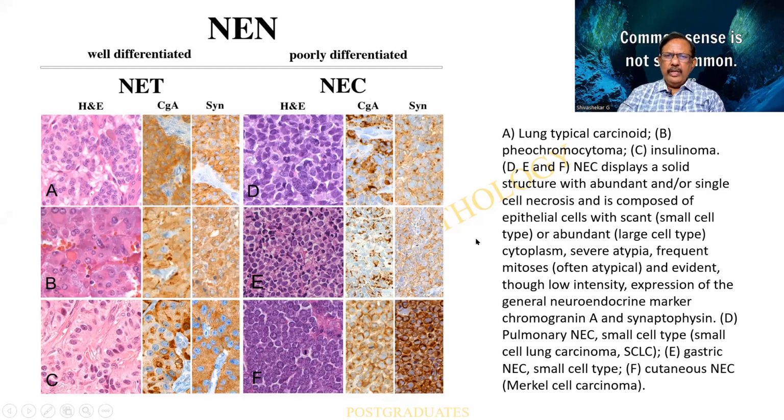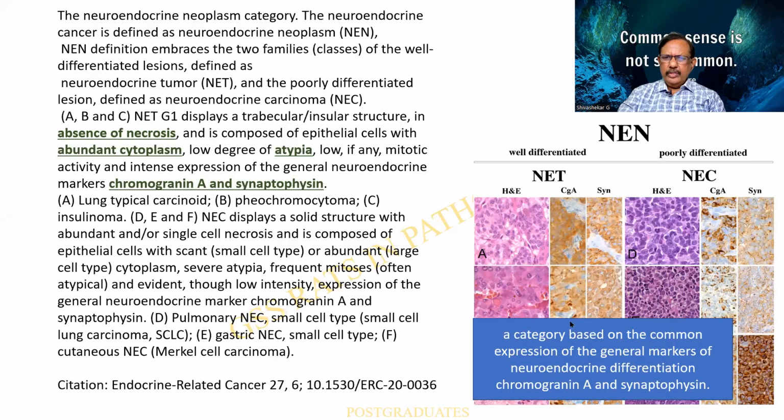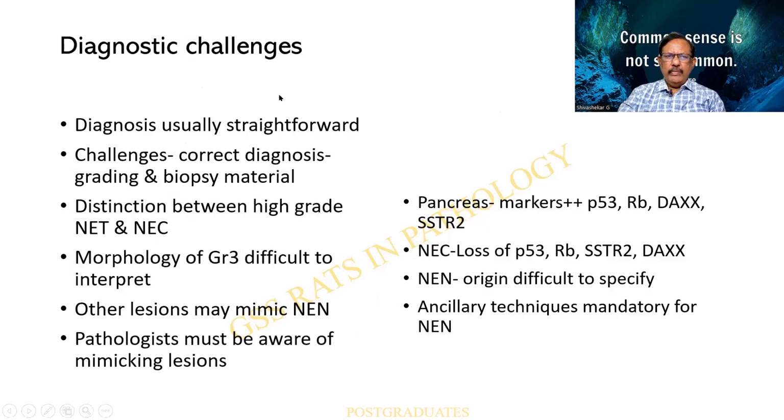So the references over here, I would like you people to kindly go through. So this is again the reference of it. The entire list is given. I would like you people to kindly go through this one. It is worth it. And you find that there is absence of necrosis, abundant cytoplasm, a low degree of atypia for the neuroendocrine tumor. Carcinoma will be having increase in all of those.